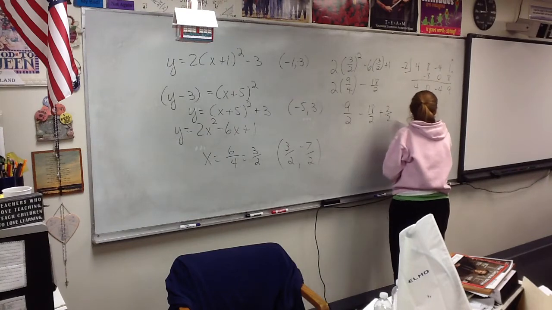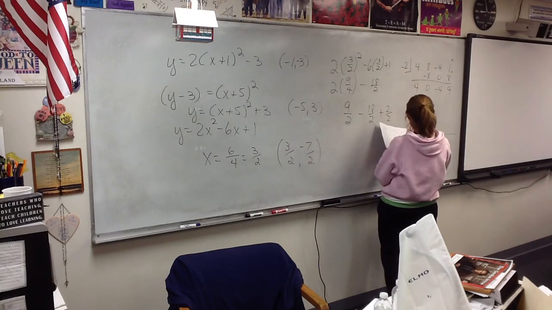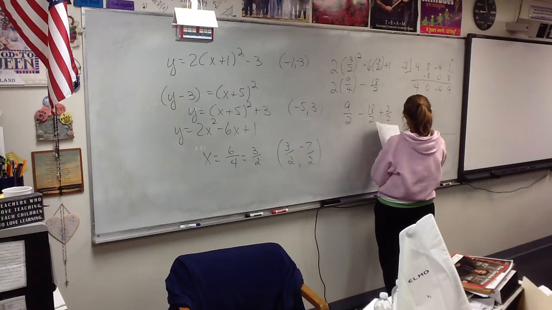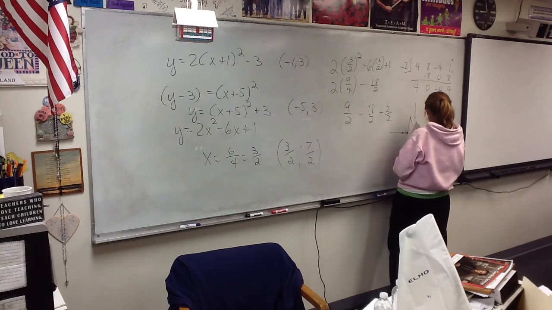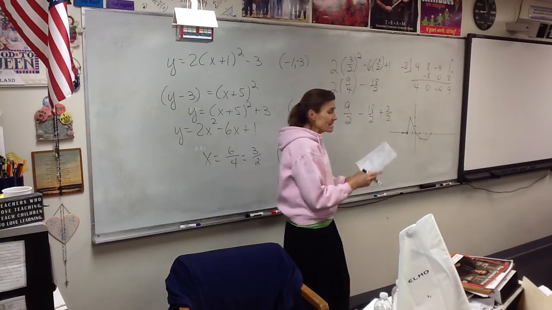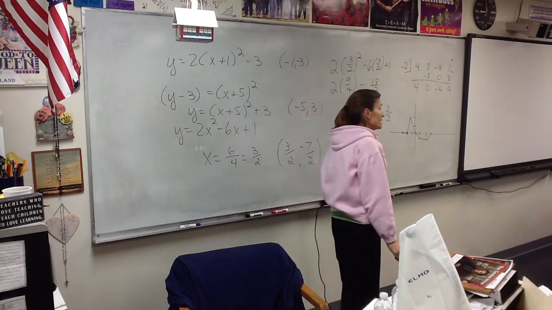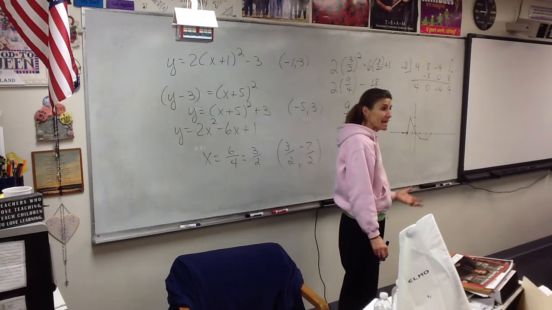This next one, I need you to pay attention here. This is not at all hard. I need you to pay attention. Okay? Find the intervals where the curve is decreasing. Now, you all know what decreasing means. Decreasing means going down.